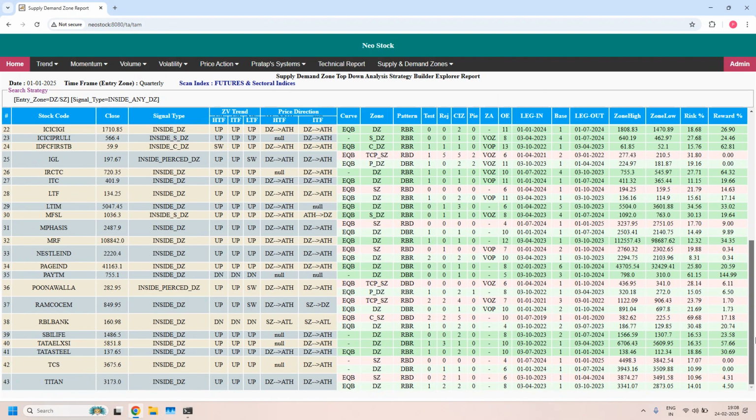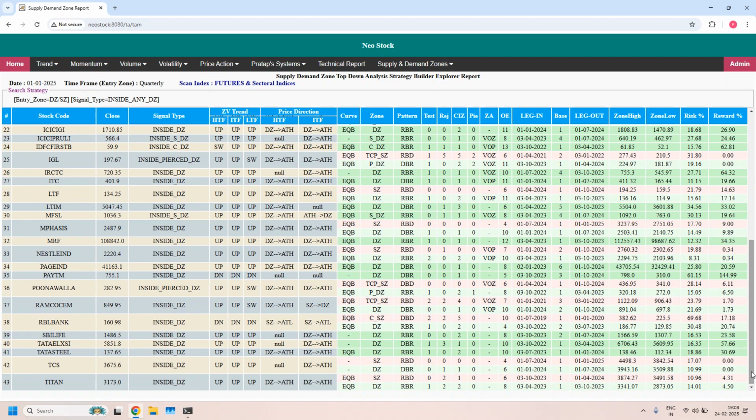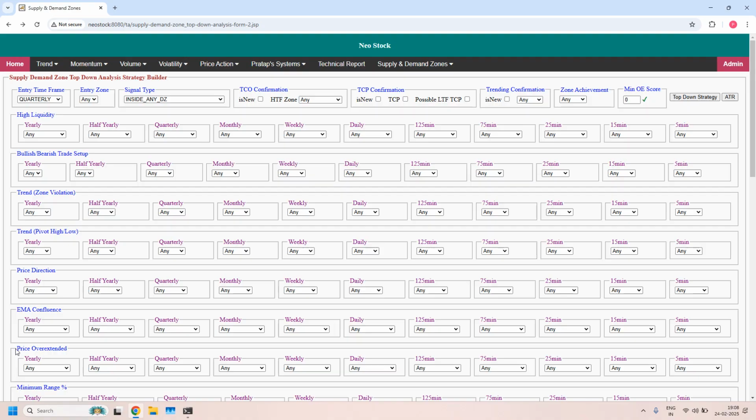We got 43 stocks. First 23 stocks in the list. I'm scrolling the list down. So total 43. We can further filter this list based on the quarterly demand zone having quarterly EMA Confluence, and trend on the quarterly should not be sideways.